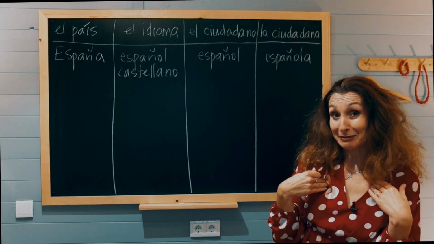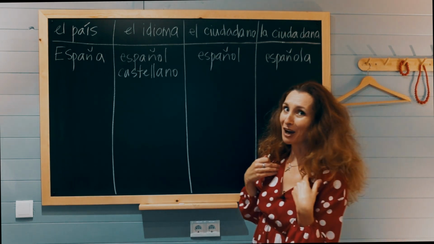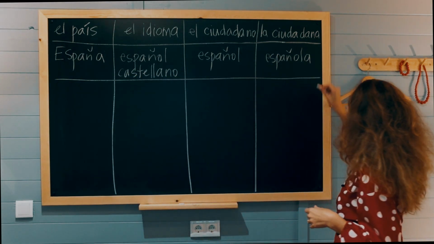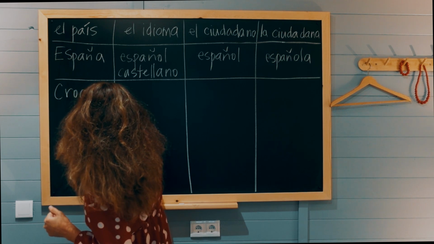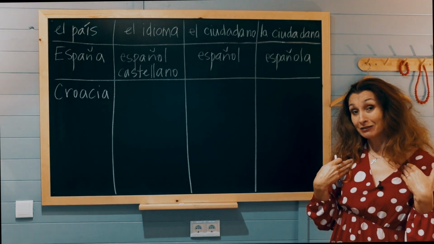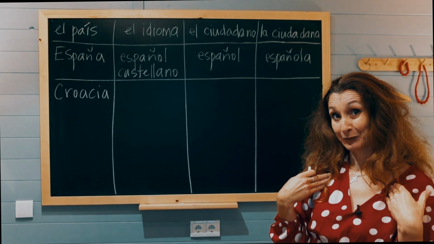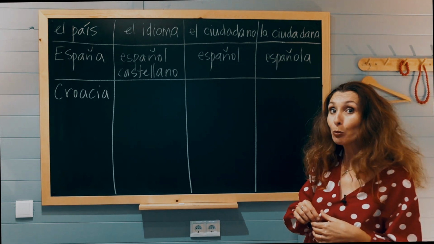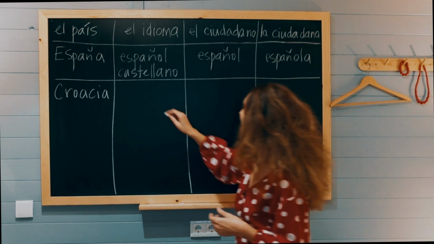And speaking of me, let's mention my home country next. Croacia. Yo soy de Croacia. I'm from Croatia. Okay? The language spoken in Croatia, el idioma de Croacia, es croata.